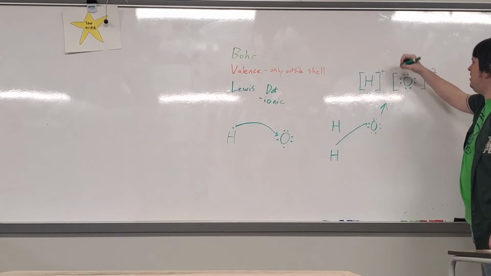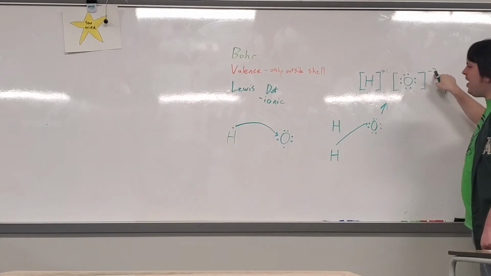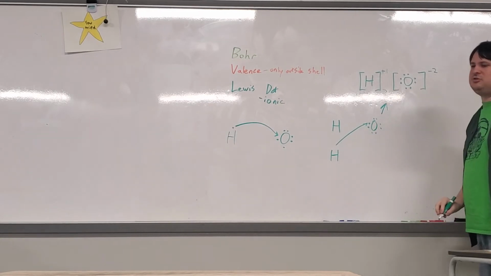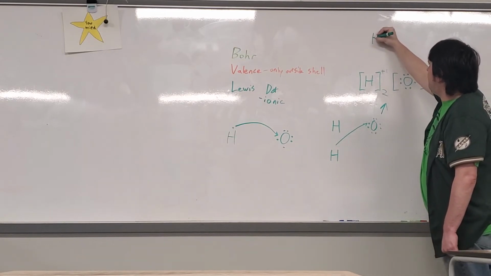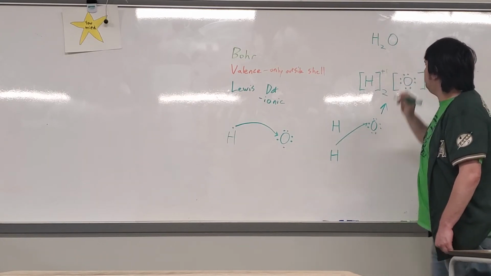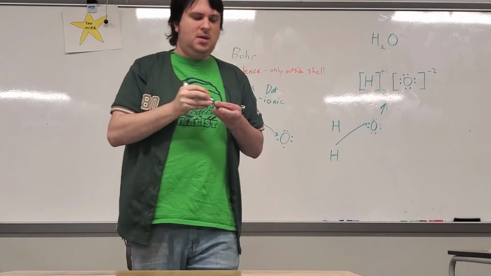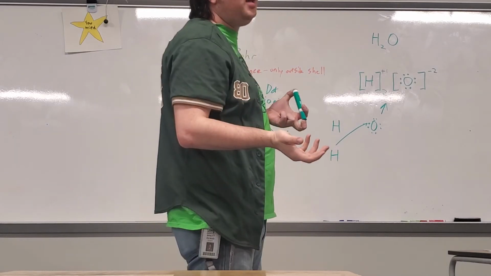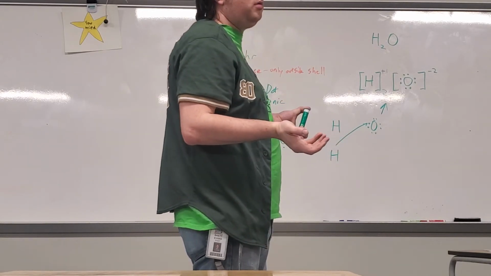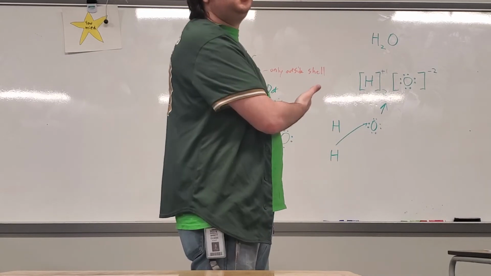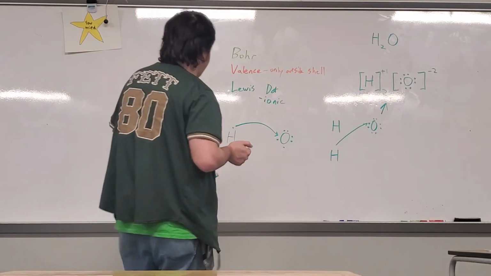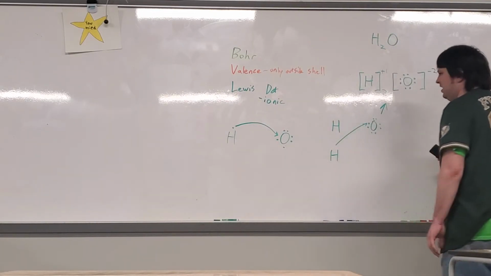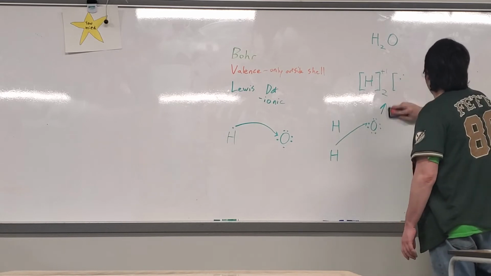Obviously, a +1 and a -2 does not balance, which is why we needed the second hydrogen. And this is how H2O sometimes forms. There is a second way that it can also form, which we will talk about in about 5 seconds. Because this is not the only type of bond that exists. This is an ionic bond.